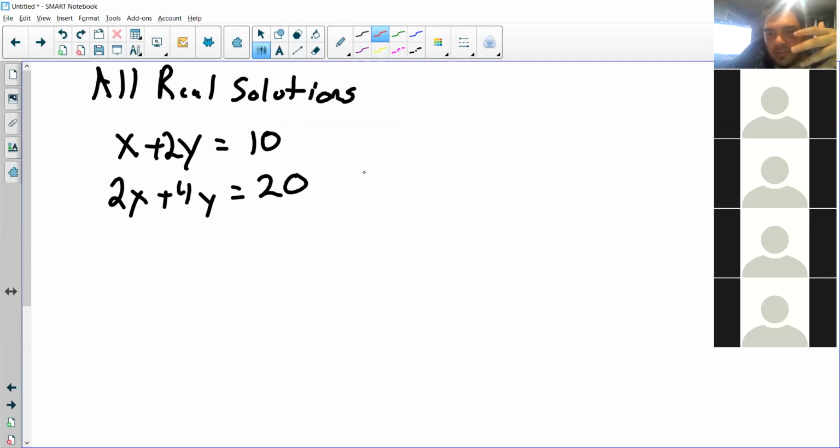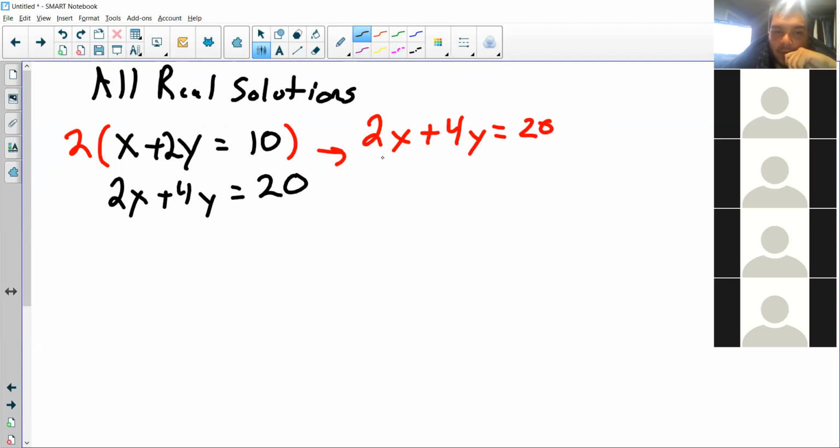Now I already told you this is an all real solution, so you kind of know this is going to be weird. But let's say you don't notice right away. Here, it looks set up for elimination. I'll multiply just the top by 2. So my top becomes 2x plus 4y equals 20, and my bottom equals 2x plus 4y equals 20.